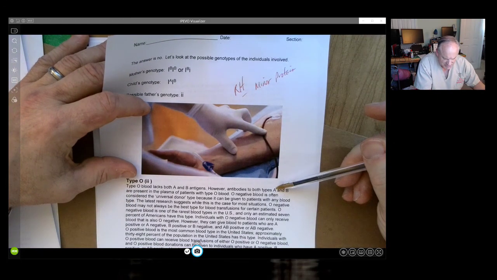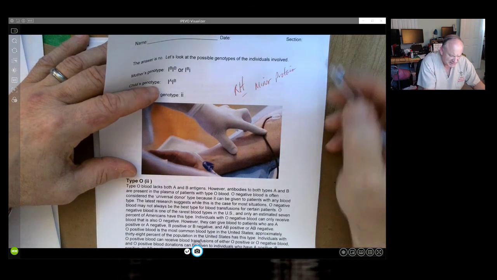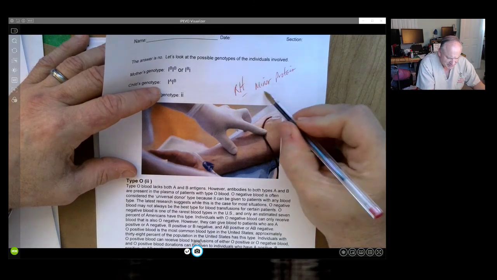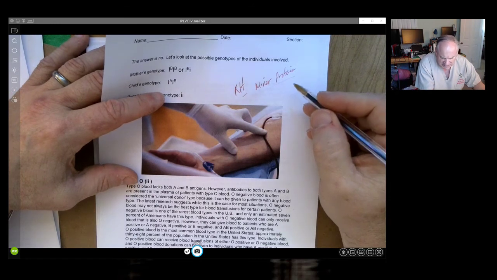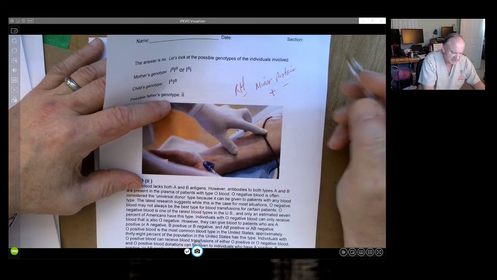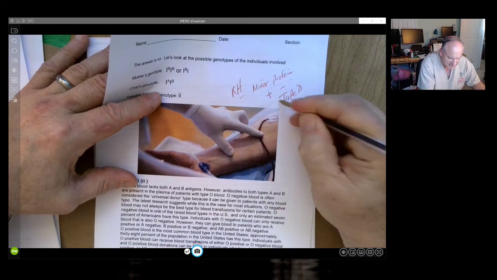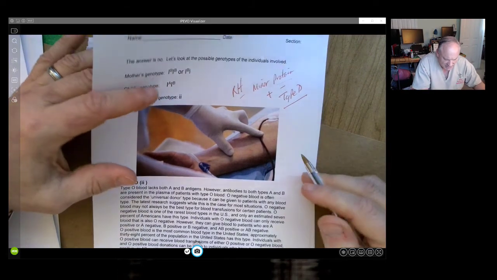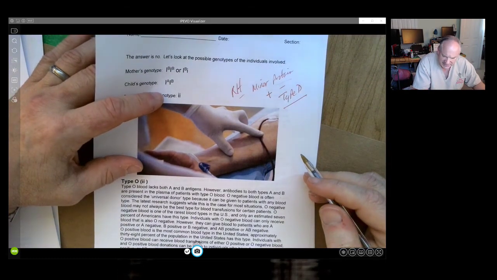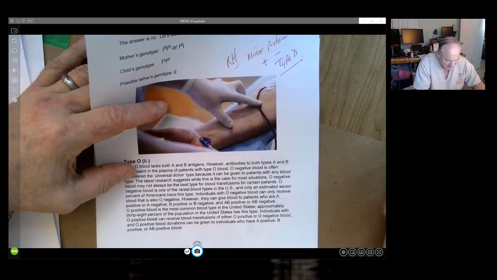Normally, the major group is the A antigen or the B antigens being expressed on the surface, but the Rh factor is a minor protein that's expressed, and it also becomes a factor. So it's usually plus or minus, or Rh positive or Rh negative. It also can be referred to as type D. This is the more current nomenclature for Rh factors. Are you type D positive, type D negative?